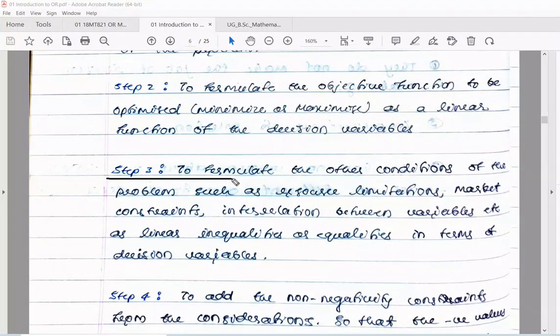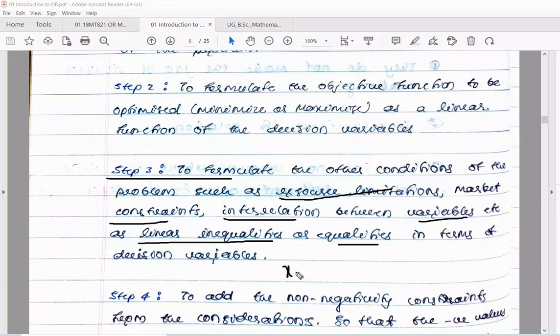Many constraints are present in making a mathematical model. Among them, the conditions you consider are resource limitations, market constraints, interrelation between the variables, and so on. They might be linear inequalities or equalities.